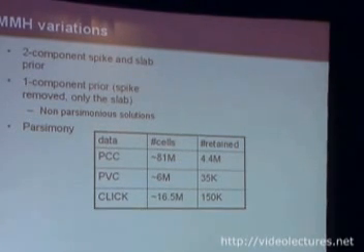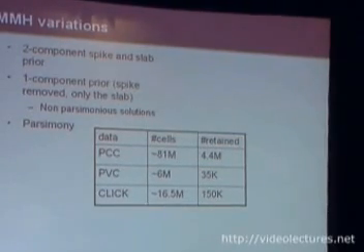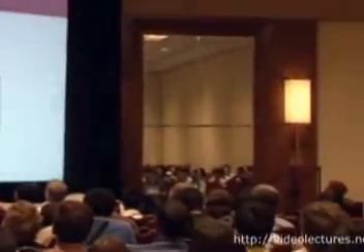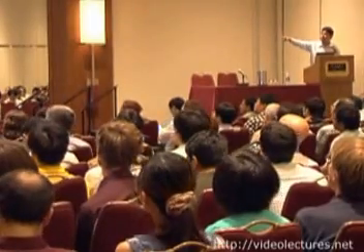And now let me show you the effect that the spike and slab prior has as far as retaining the number of parameters is concerned. So for the click data, for instance, we had a model with 16 million features, and the spike and slab prior reduced it to 150 cases, which eliminated all other features.